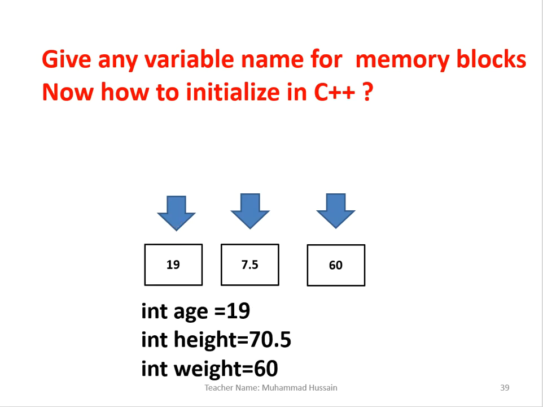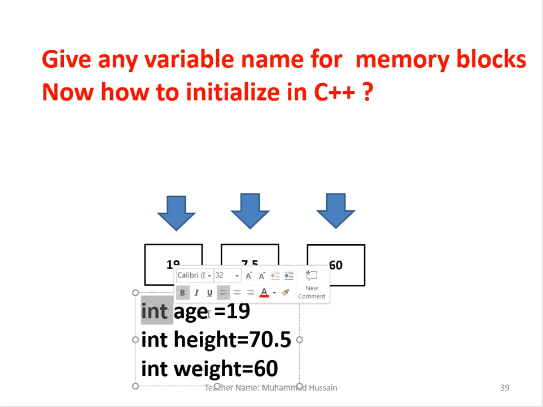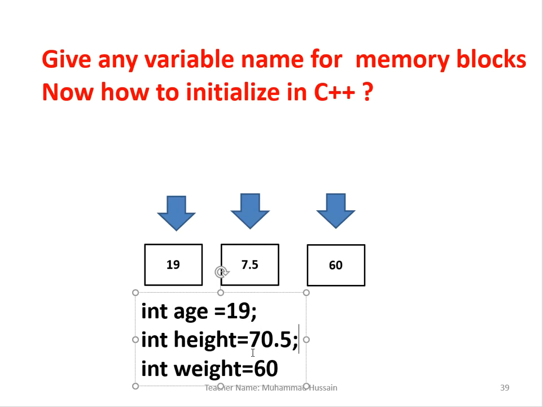The next slide gives you the idea that int age equal to 19 is a way to write it. It means that we are going to initialize it. If I put here age equal to 19, this means we initialize it. Then height 7.5, we initialize it again, and this is the weight, and we have also initialized it. Initialize means we give a value to that variable.